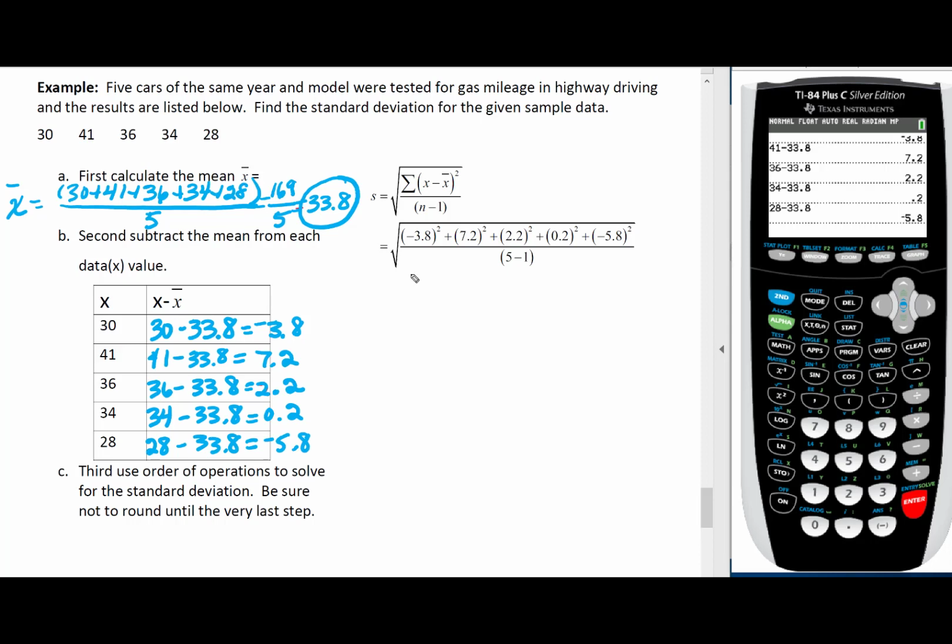So let's clear this calculator out. I'm going to type these all in the calculator at once, then I'll write the answers down. We take negative 3.8, making sure it's in parentheses, and use the square button and hit enter. Take the next one, 7.2.